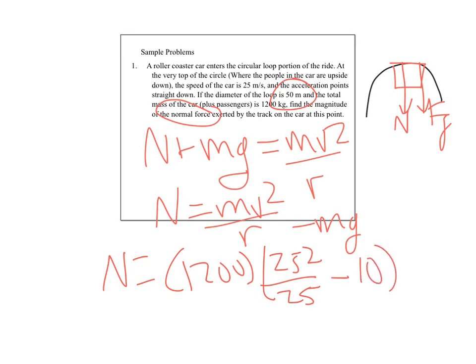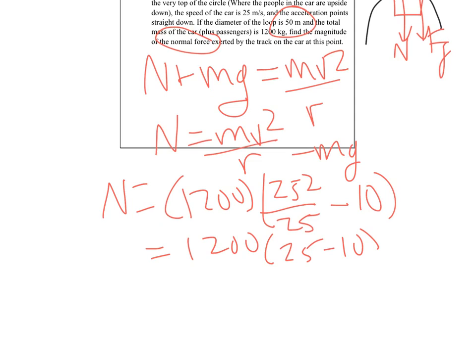Oh wow, can we almost do this in our head? 1,200 times 25 minus 10. Well, almost, not quite, because I honestly don't know what 1,200 times 15 is. So we'll pull out our handy dandy calculator and see if we can calculate that.